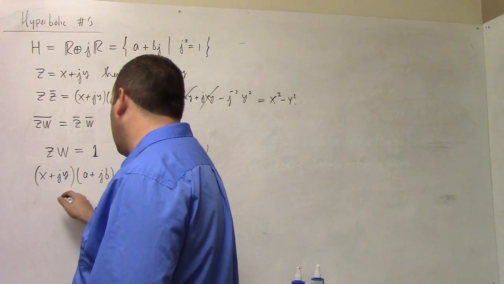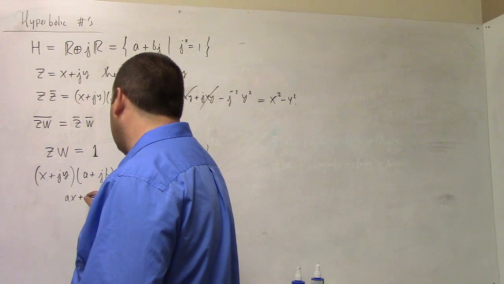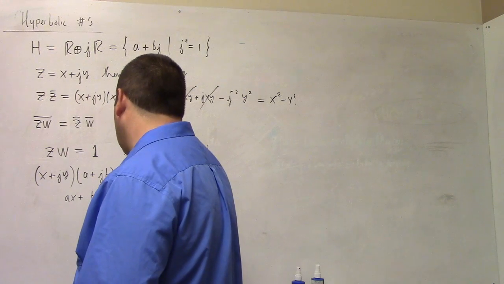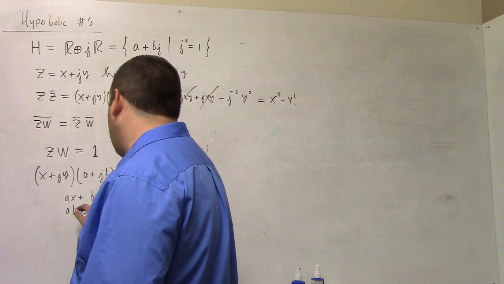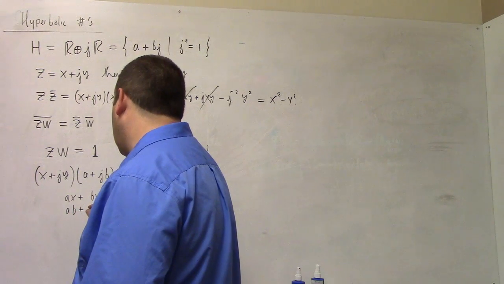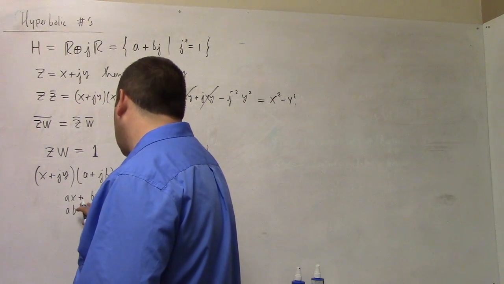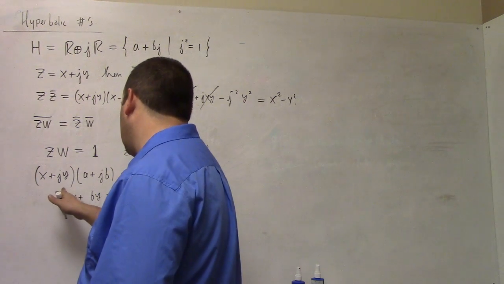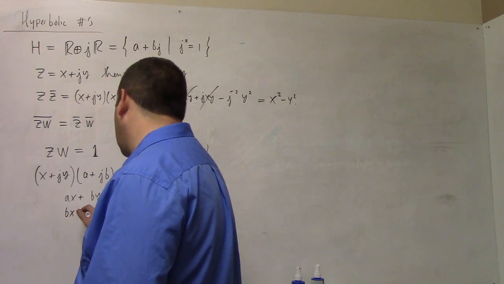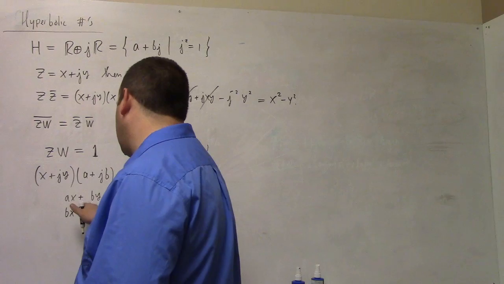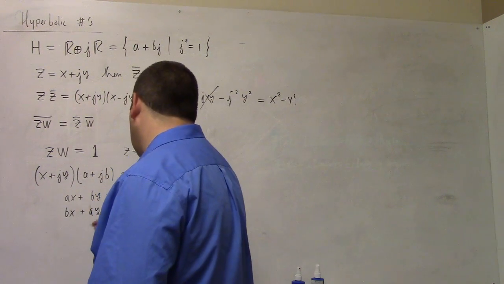You got yourself ax plus by equals 1, and you got yourself ab plus ya, or ay, x times, oh sorry, bx, ay equal to 0.